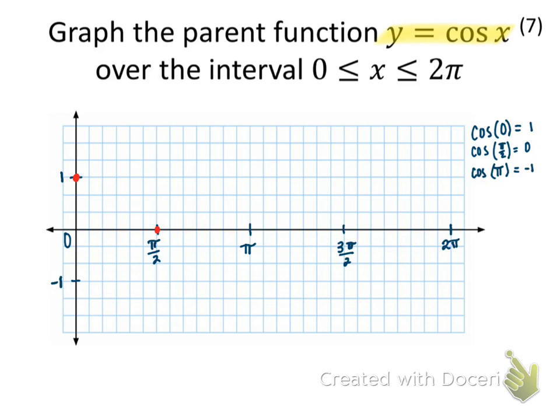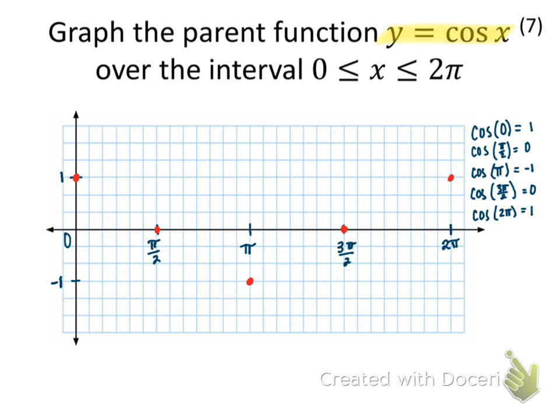So cosine of pi is equal to -1. Cosine of 3 pi over 2 is equal to 0 according to our unit circle. And then finally, cosine of 2 pi, similar to 0, is equal to 1 again.